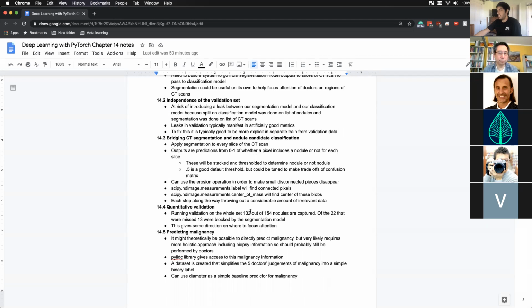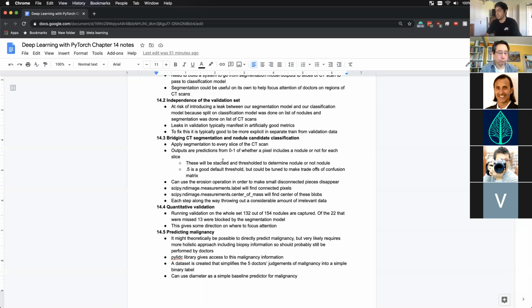And then on the next section, looking at the actual implementation of bridging that gap, what they were talking about is taking the CT scan, every single slice of it, so the different depths, and then passing that to the segmentation model. And that segmentation model is trying to tell which pixels are of interest, basically.